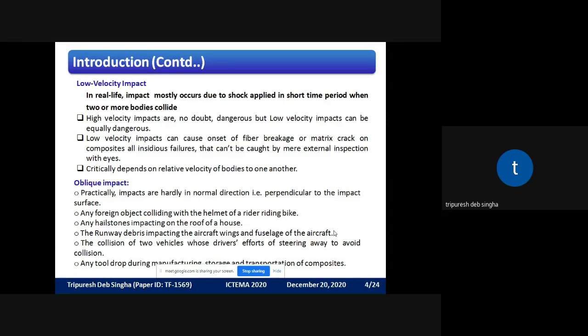The impact may be oblique. Such impacts are very common when foreign objects collide with a helmet when a man is riding a bike, hailstones impact the roof of a house, runway debris impacts the aircraft wings and fuselage, two vehicles collide, or tools drop on a surface during transportation. So these are very common impacts occurring in practice.